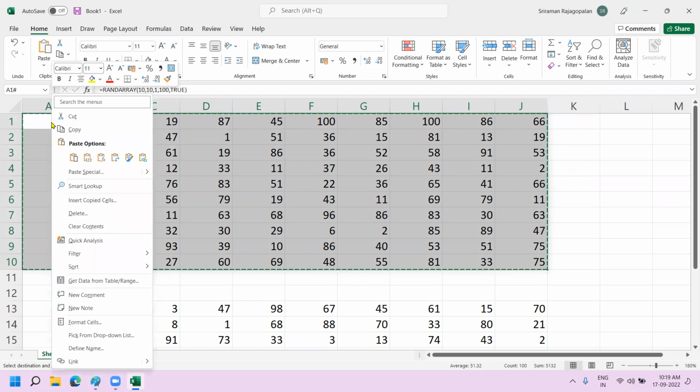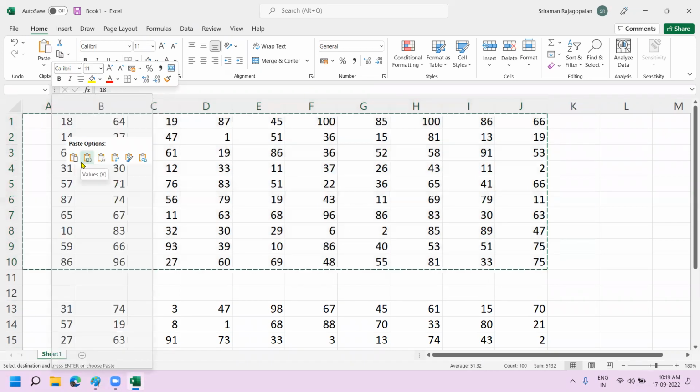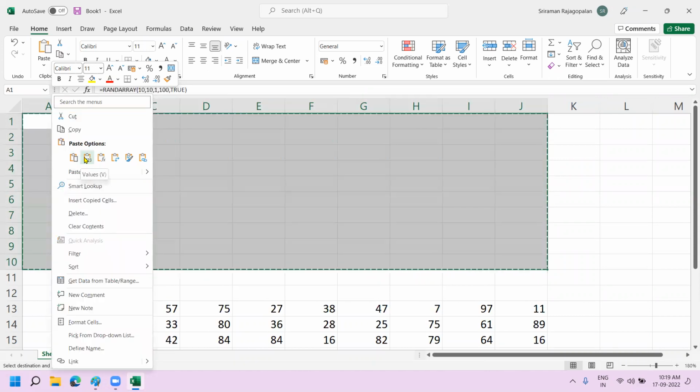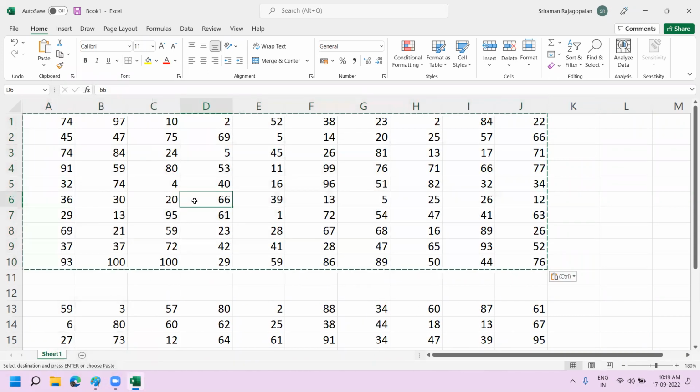Then right click, there's an option called paste special. So paste as value. Use that 1, 2, 3 option. Now you will get static numbers.